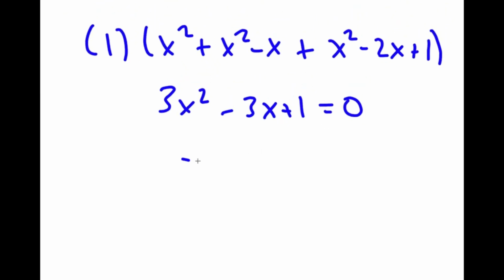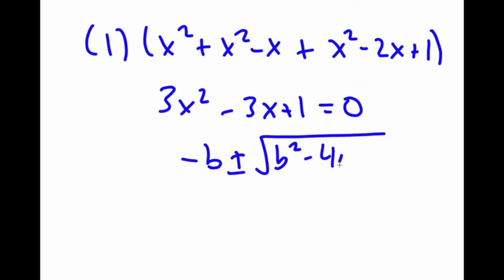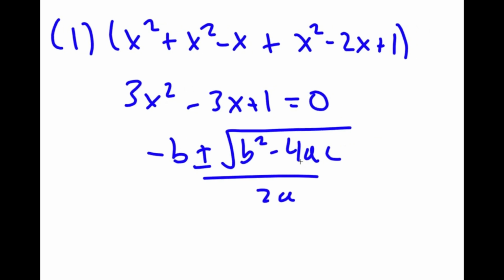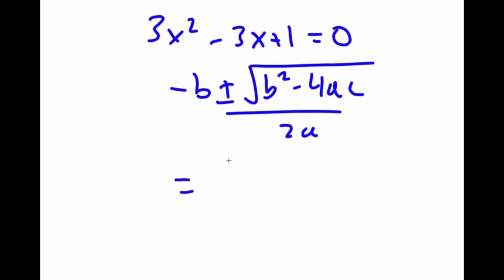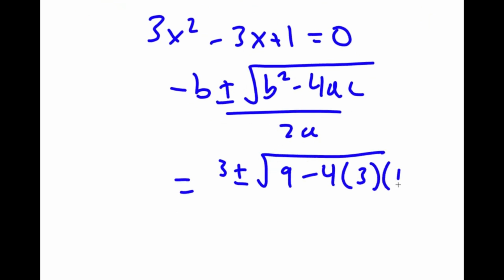And to solve this, we can use the quadratic formula, which is negative b plus or minus the square root of b squared minus 4ac, over 2a, which is equal to 3 plus or minus the square root of negative 3 squared, which is 9, minus 4 times 3 times 1, all over 2 times 3.